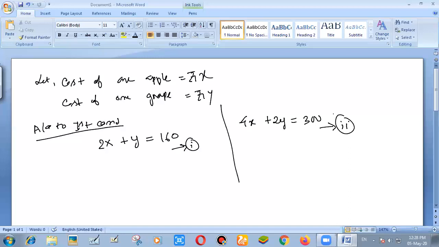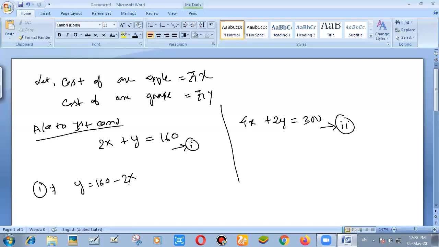Now you have to represent this situation geometrically. So how can you do it? Suppose from equation 1 you have to find either in terms of x or in terms of y. Yes or no? So suppose 2x plus y equal to 160. If you take 2x to the right hand side, then it will be y equal to 160 minus 2x.